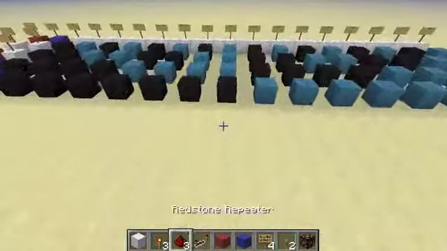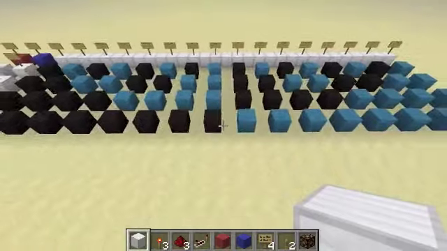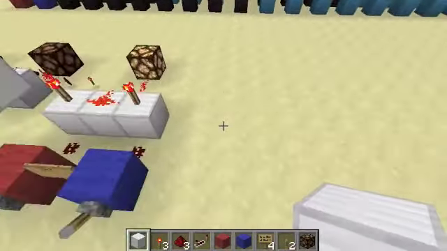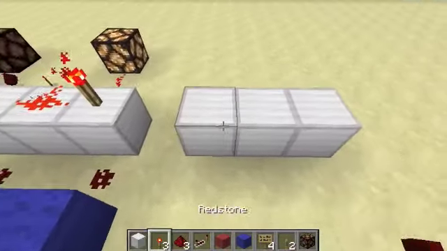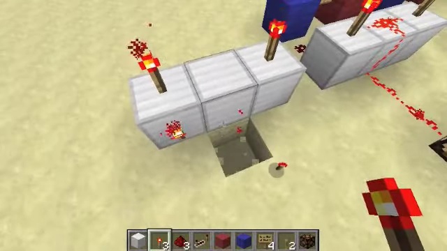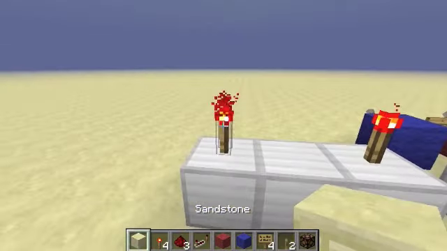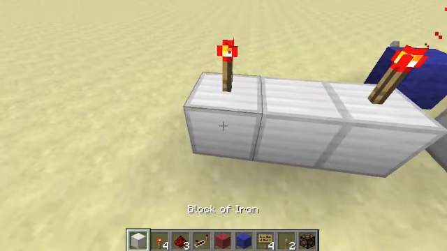Now let's look at the AND gate, and it's the same thing, but with an inverted output.